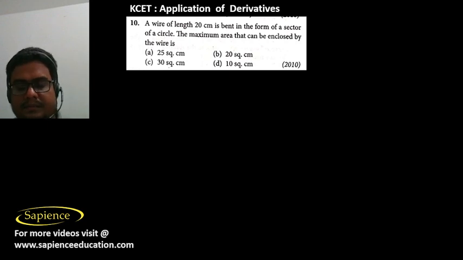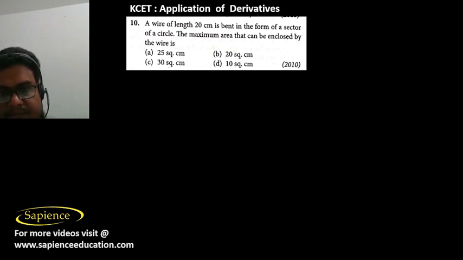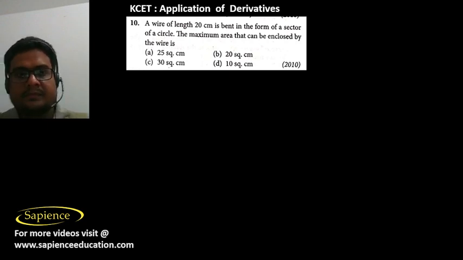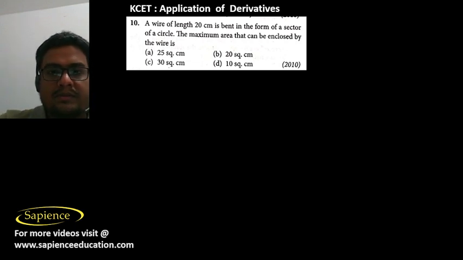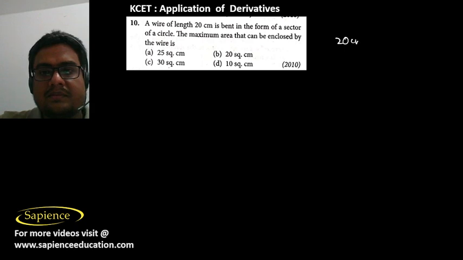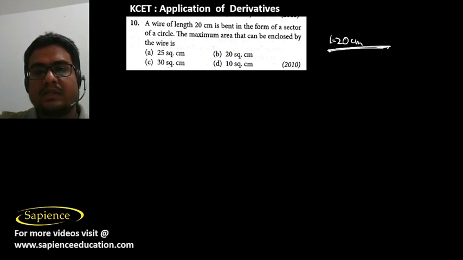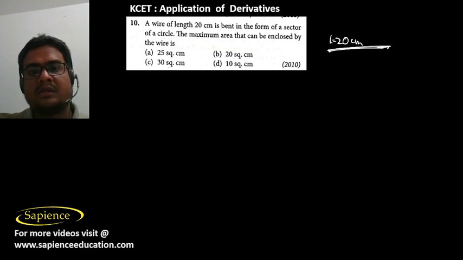Then in question number 10, it is told that a wire is of length 20 centimeter, that is bent in the form of a sector of a circle. This wire having length 20 centimeter is bent in the form of a sector of a circle.